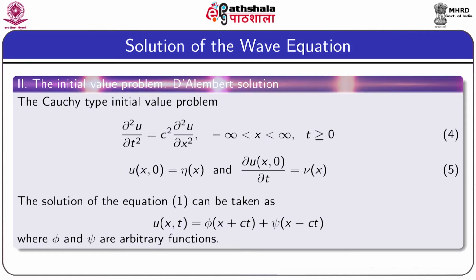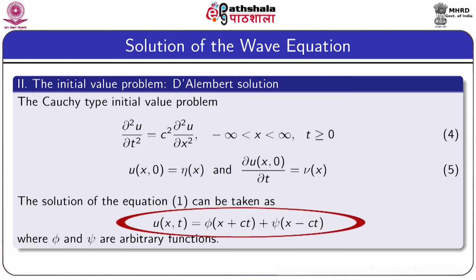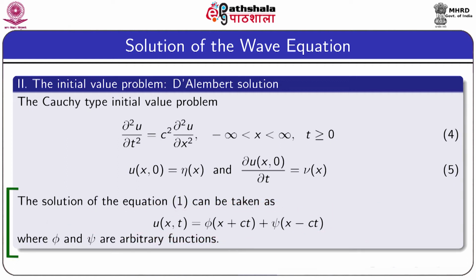We have seen in the last section that the solution of equation 4 can be written as u(x, t) = φ(x + ct) + ψ(x − ct), where φ and ψ are arbitrary functions. Now we have to solve equation 4 together with the initial condition 5.